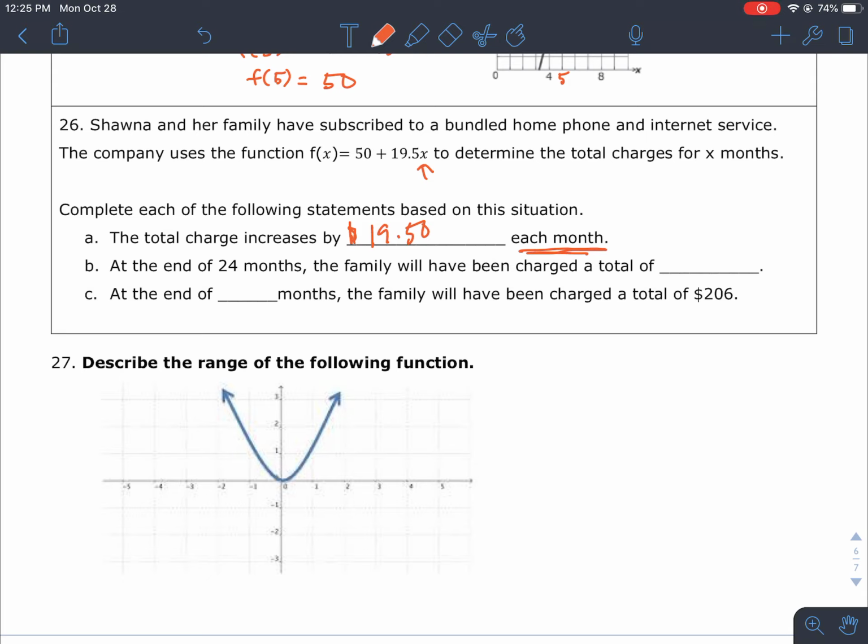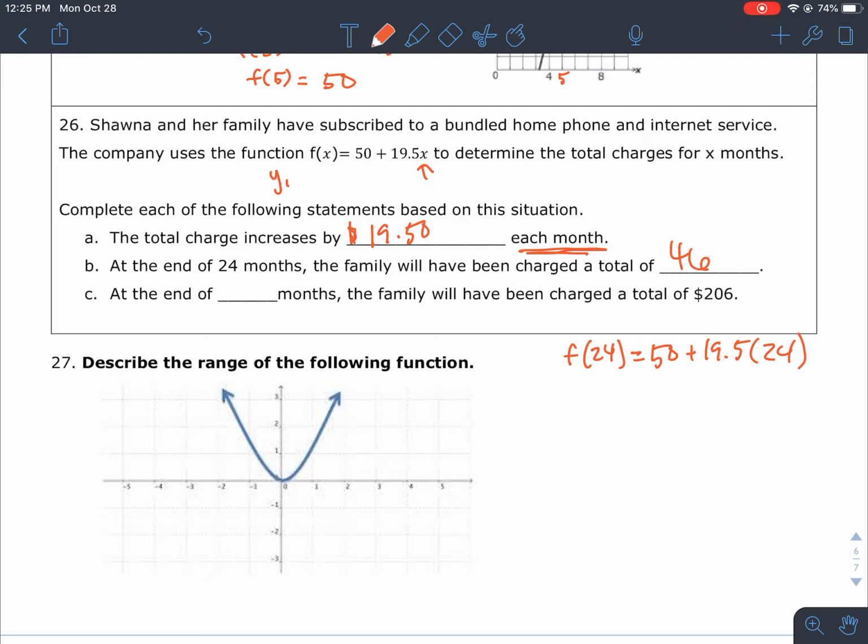At the end of 24 months, the family will have been charged a total of, so you could type this into Y1 and then go to your second table. Or if you do it by hand, you would say f of 24 equals 50 plus 19.5 times 24.